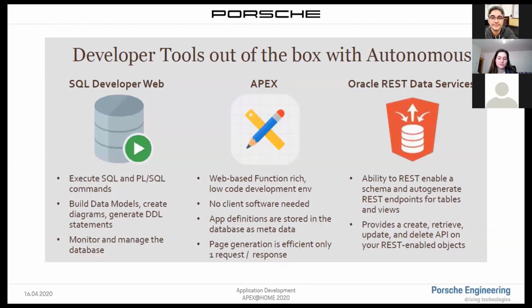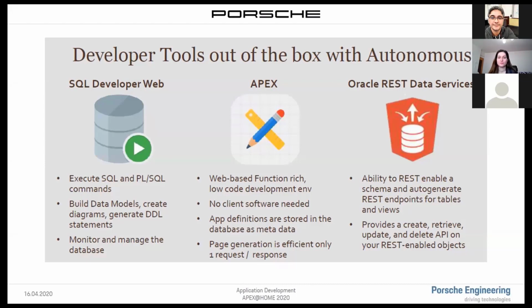SQL Developer Web is very, very easy to use, and it will help us today to create the DB links, because in SQL Developer Web we can execute a lot of SQL and PL/SQL commands. We can also monitor our database and so on.